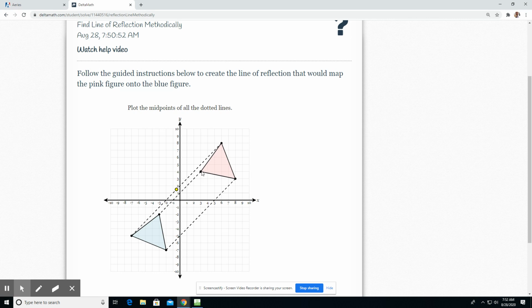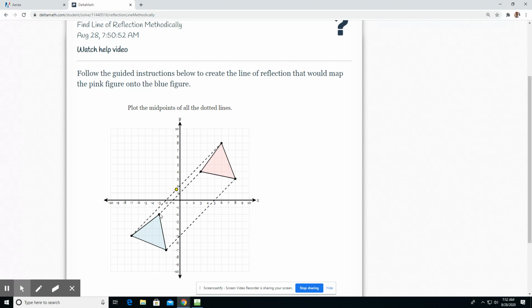Let's do the same thing for the other one. Start at one of the points, go to the other, and find out how many squares it is to the next one. 1, 2, 3, 4, 5, 6. Half of 6 is 3. Doesn't matter which side you go from.